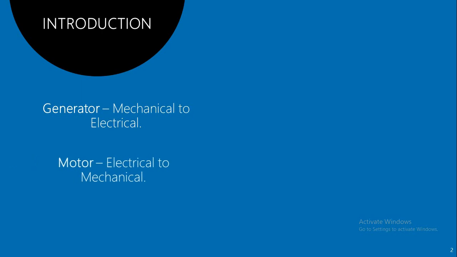The working principle of the DC motor. Before we start with the working principle, there are two main constructional parts in a DC motor, as explained in my previous videos.